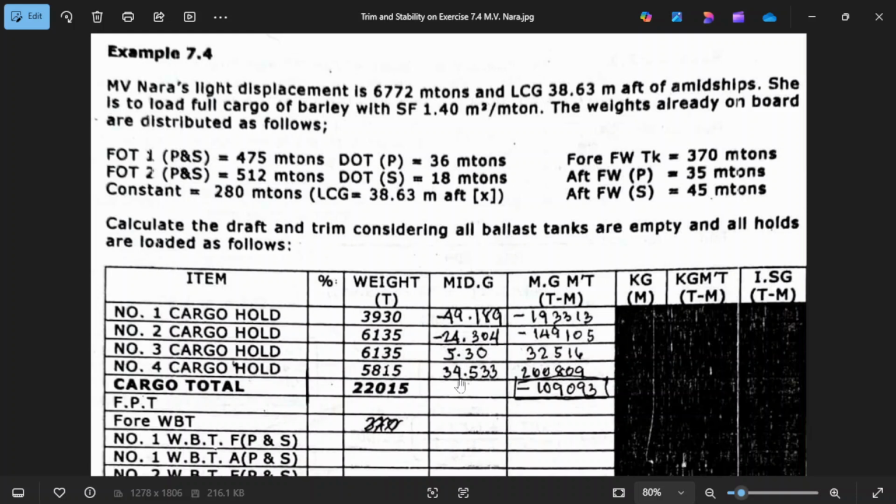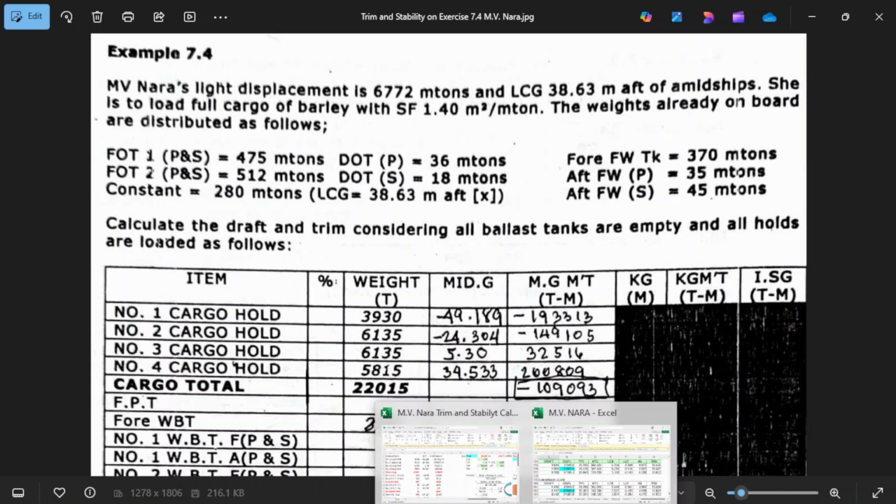This is the LCG of each hold, and this is the LCG moment. The LCG moment is negative 1090993. I made an Excel form, so it would be very easy to compute.